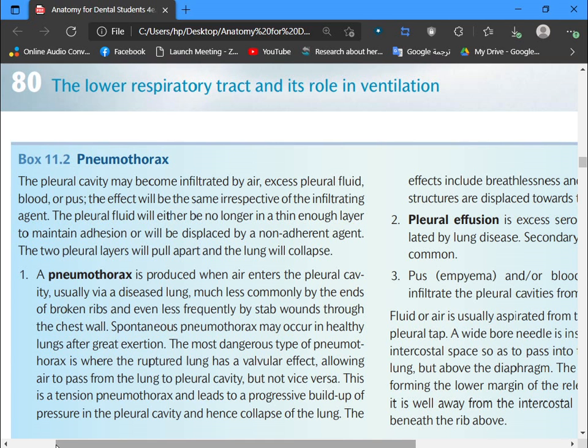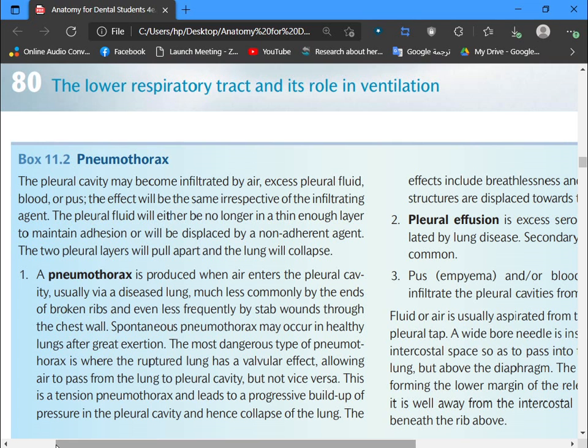Spontaneous pneumothorax may occur in healthy lungs after a great exertion. The most dangerous type of pneumothorax is where the ruptured lung has a valvular effect, allowing air to pass from the lung to the pleural cavity, but not vice versa.